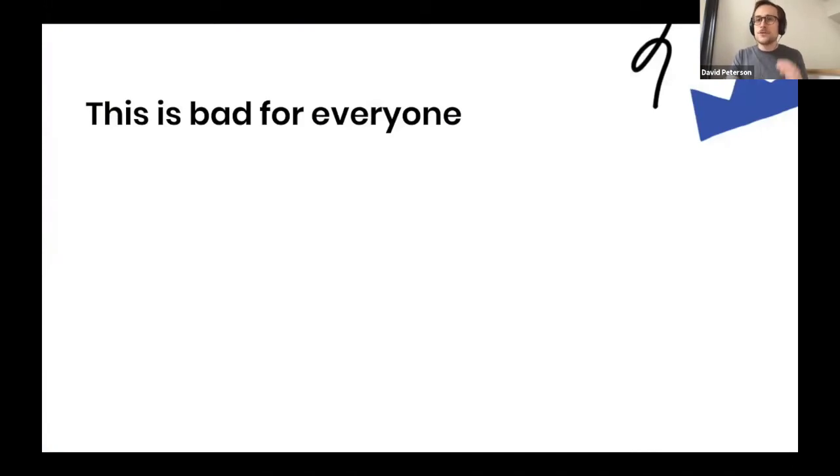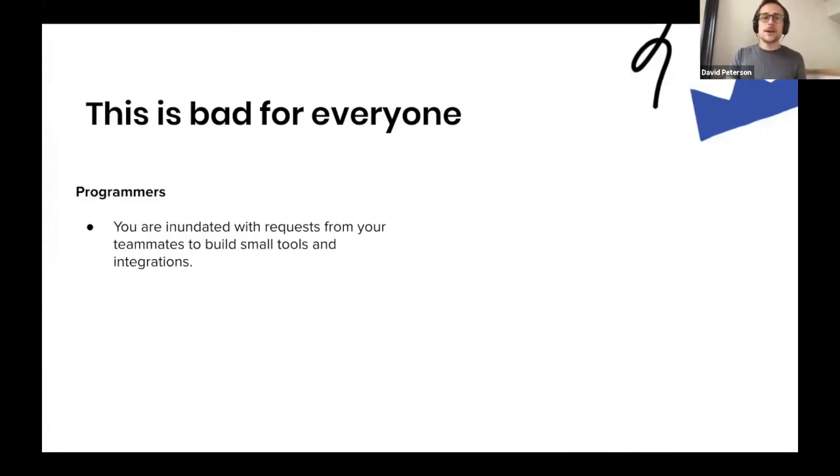So if you're an engineer, and there might be some here today who are lurking to see what this no code thing is about, you're probably inundated with requests from your teammates to build these small tools and integrations. But you're thinking to yourself, how can I possibly prioritize this against building product for customers? That is what I really need to do.